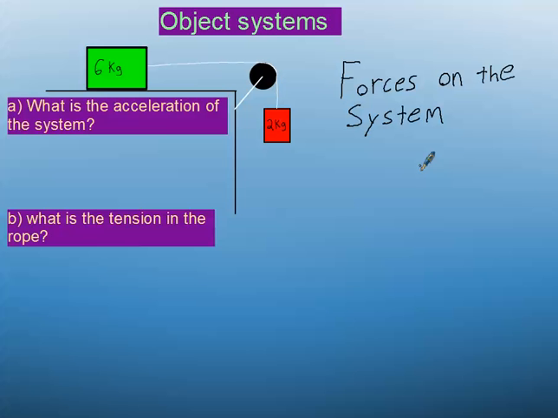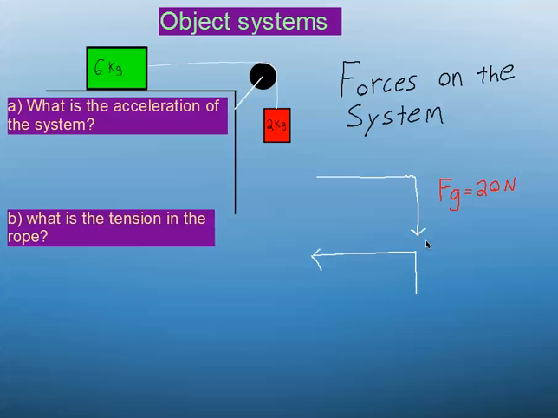So what I'm going to do in this case is make an unusual type of force diagram. I'm going to make a force diagram of forces on the entire system, forces that are pulling these two blocks and trying to move them somewhere. The way that you set that up is a little different because there's really only two types of forces: forces telling everything to go this way, and forces telling everything to go that way. I'm going to list them out.